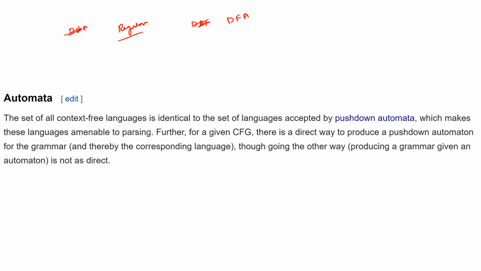Similarly, the construct required to claim a language is context-free is called a push-down automaton. If you are able to construct a push-down automaton for a given language, then that language is context-free, which means you can parse the language in an unambiguous manner. One example I told you was arithmetic expressions.